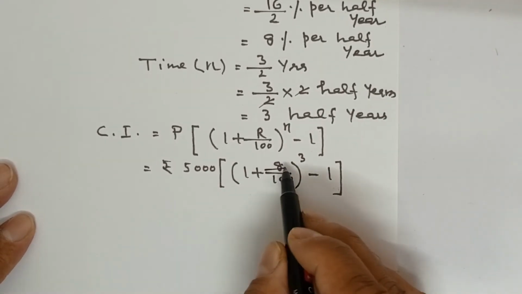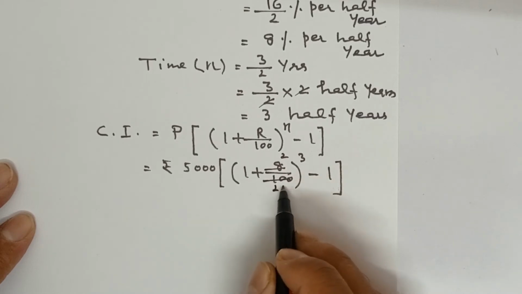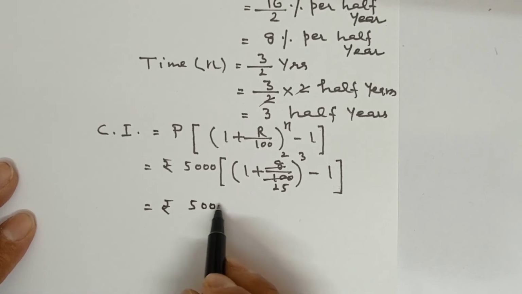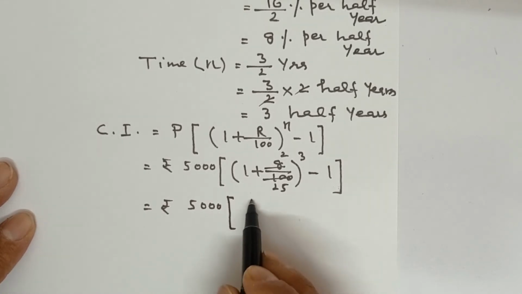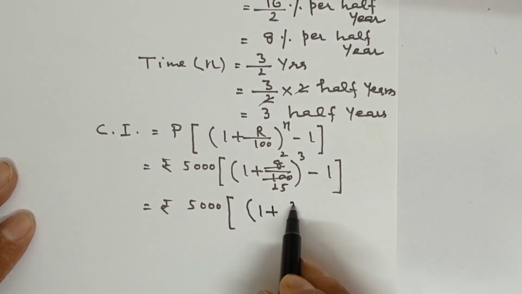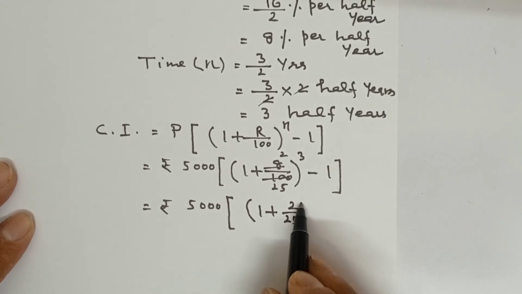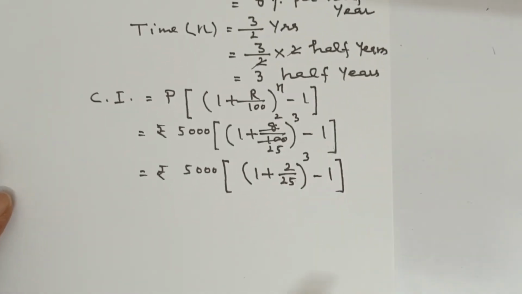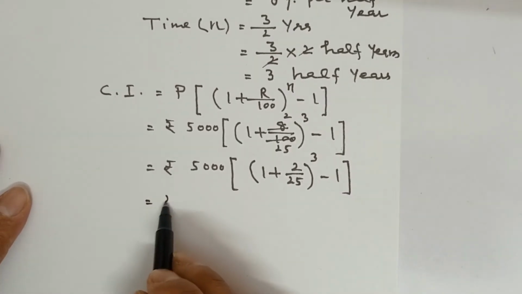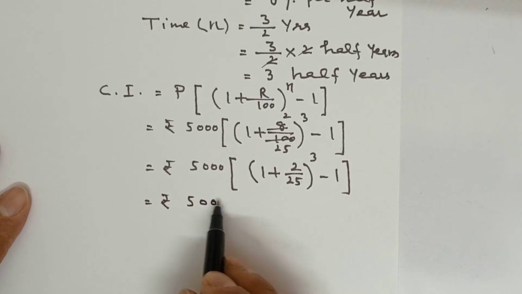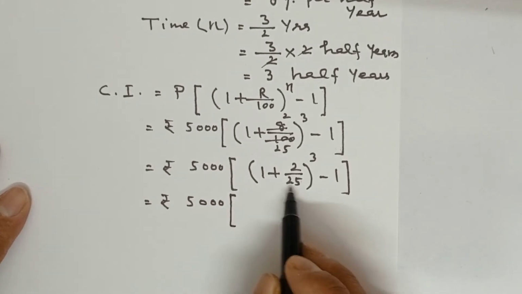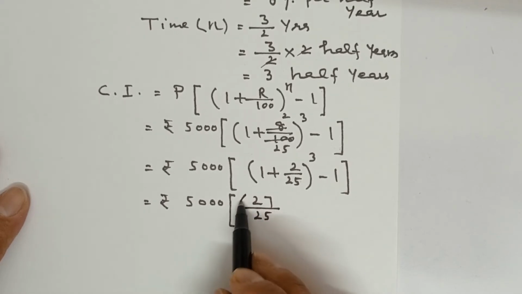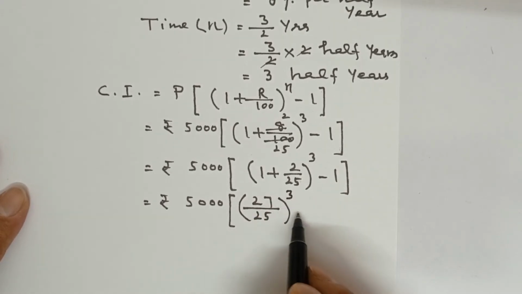Cutting, 4 twos are 8 and this is 25. So rupees 5,000, square bracket 1 plus 2 by 25 power 3 minus 1. So further, rupees 5,000, 25 ones are 25 plus 2 is 27 by 25 whole power 3 minus 1.